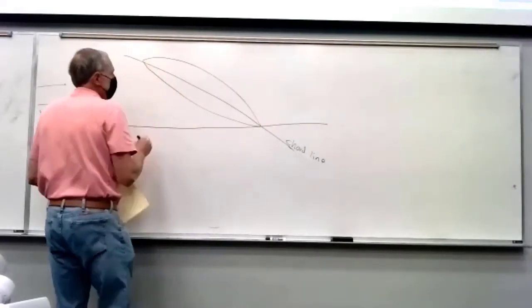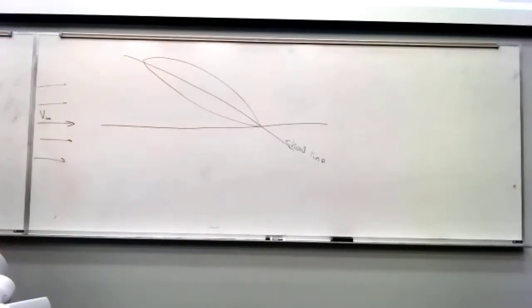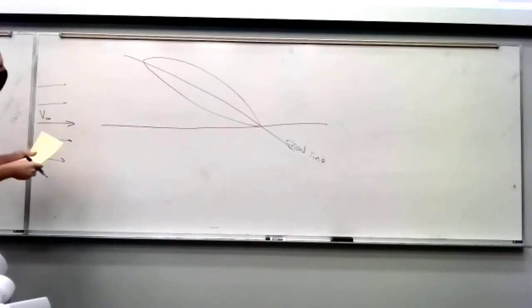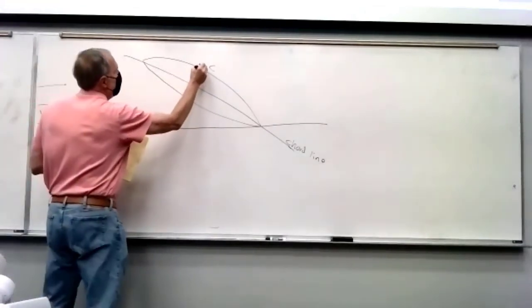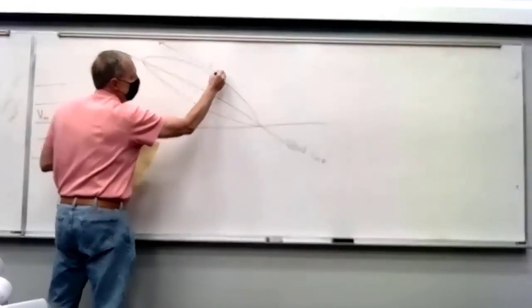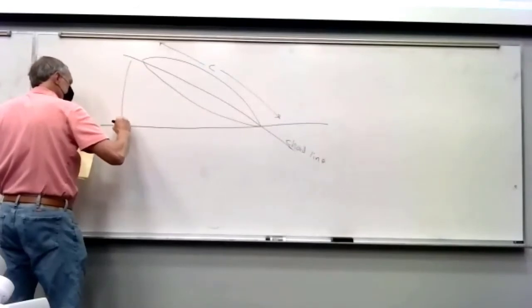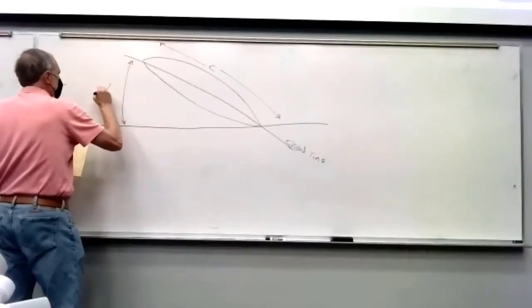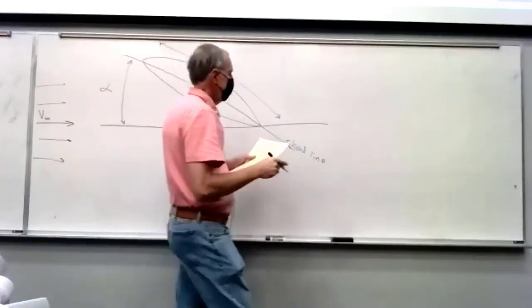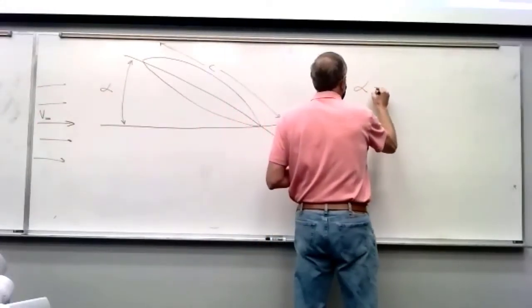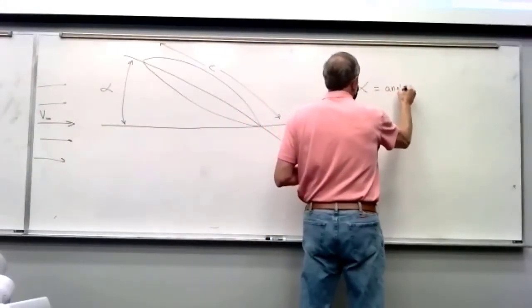So I've drawn the airfoil tilted up. So our chord is that distance there. And this angle is called alpha. That's a really important angle because it is the angle of attack.